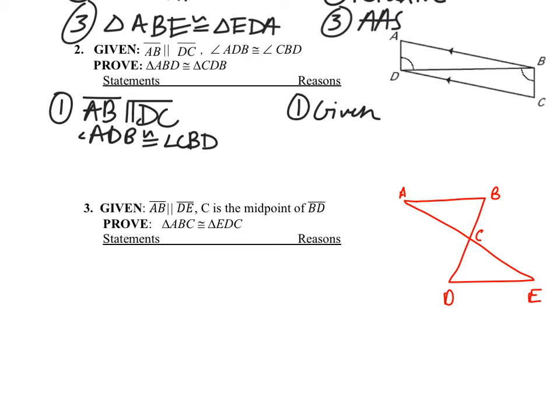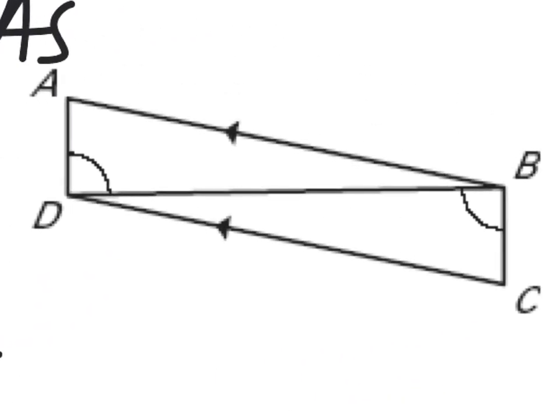Okay, looking at your picture, you have parallel lines. Justin, look at your gold sheet. When you have parallel lines, what kind of angles do we want? The alternate interior angle. Yes, alternate interior, which you have only one set of.